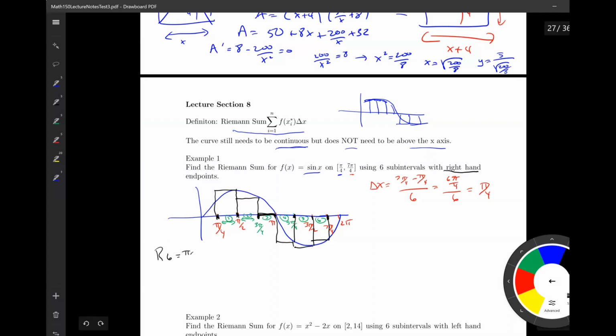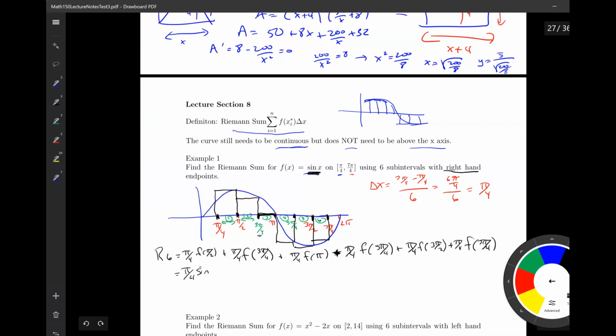The width of the first rectangle is pi over 4, and the height will be f of pi over 2, plus width of pi over 4, height of f of 3 pi over 4, plus pi over 4 times f of pi, we know that's going to be 0, plus pi over 4 f of 5 pi over 4, plus pi over 4 and we're on the fifth rectangle, so f of 3 pi over 2, and then the sixth rectangle is pi over 4 f of 7 pi over 4. Okay, the function is sine of x, so let's finish it off.